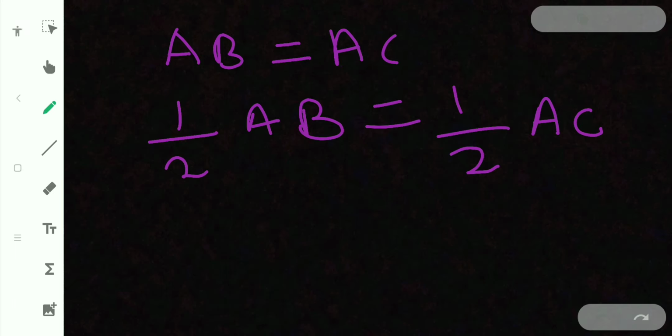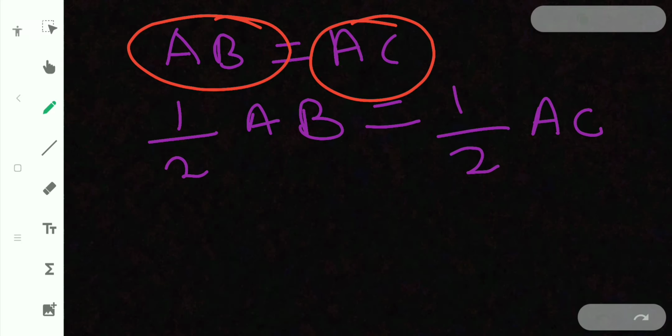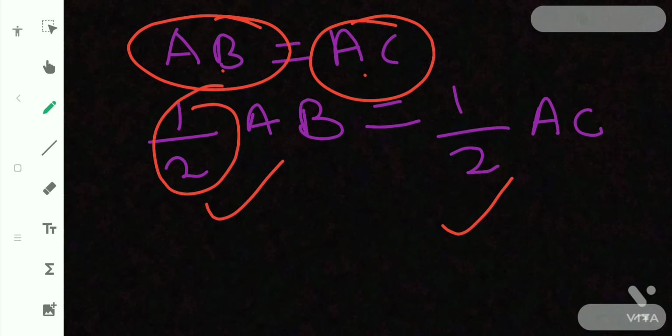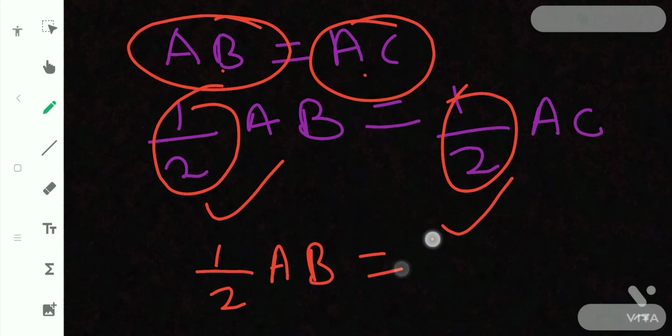Whatever we do on the RHS, we have to do on the LHS also, so that it will be balanced on either side of the equals sign. So I have done half on both sides. Now I got half of AB is equal to half of AC.